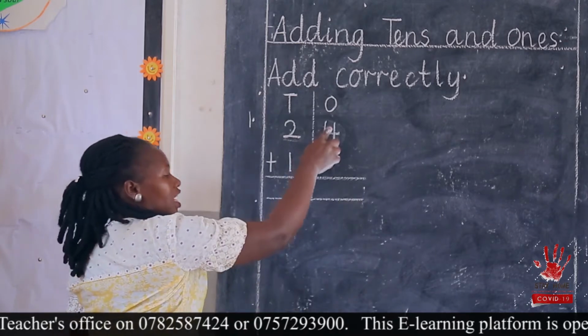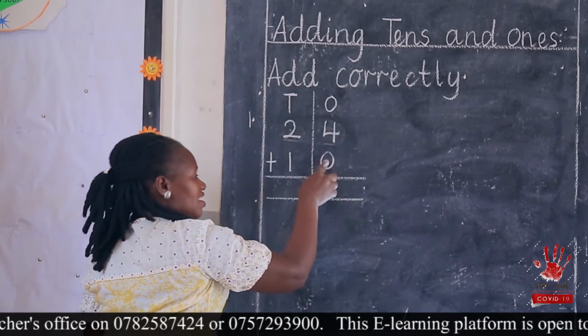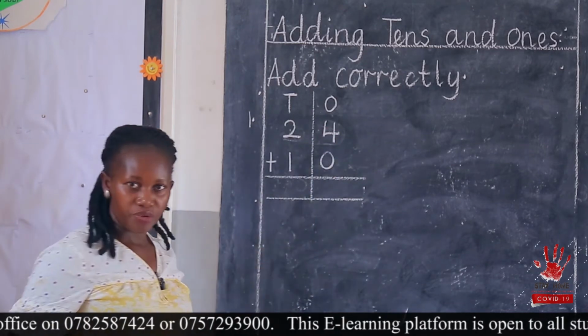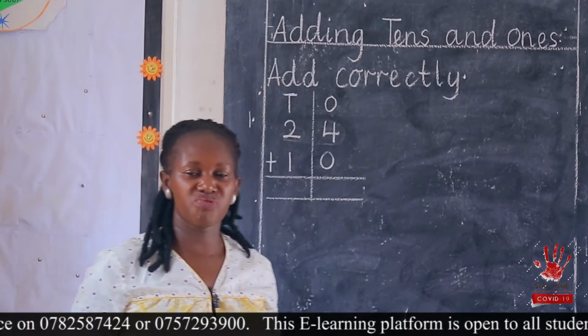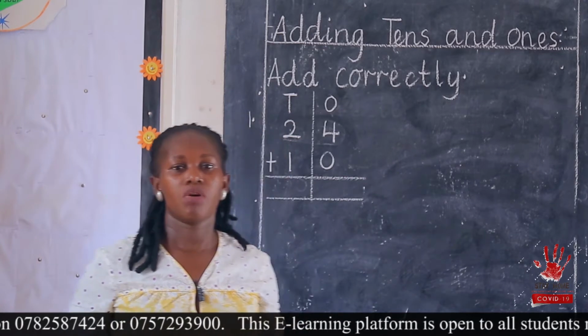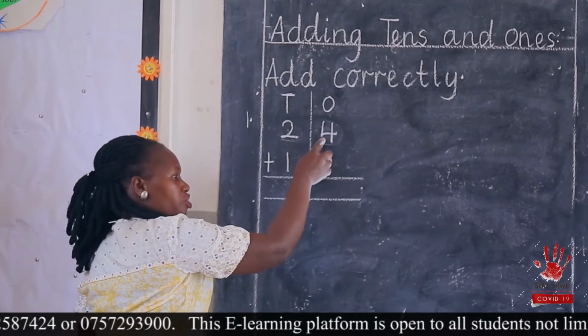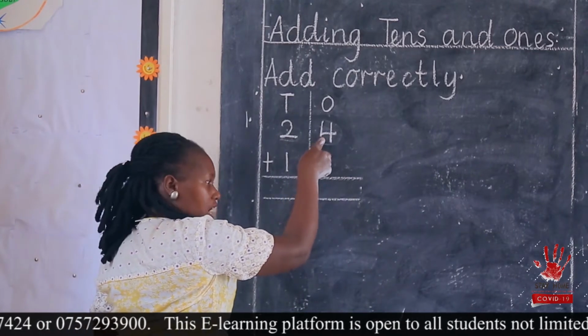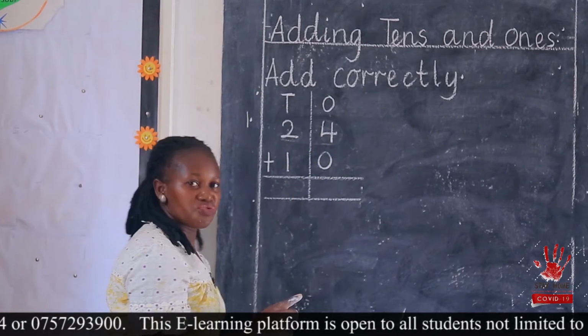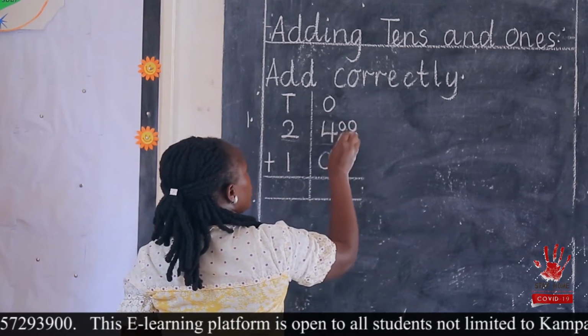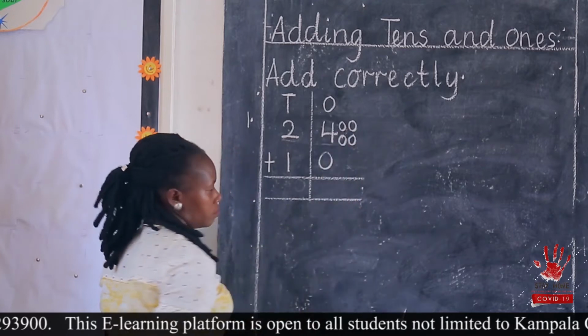So I will come to 4 plus 0. A quick child will draw sticks or balls, okay? So if I'm to draw balls for number 4, how many will I draw? I'm going to draw 4 balls. 1, 2, 3, 4.